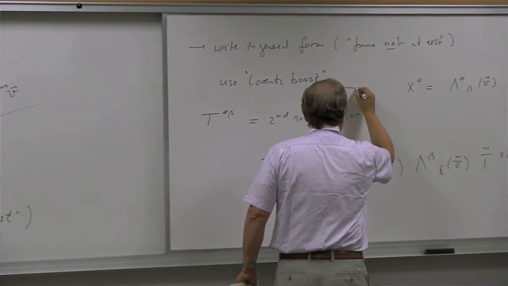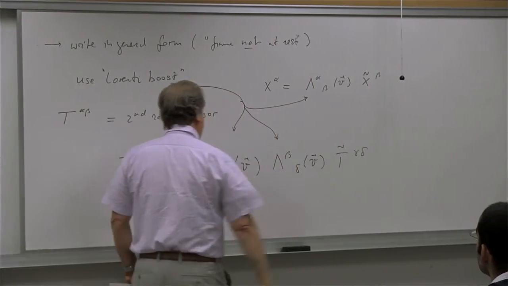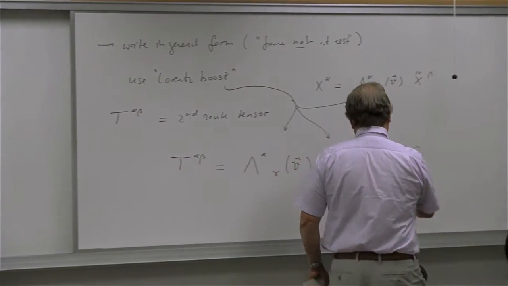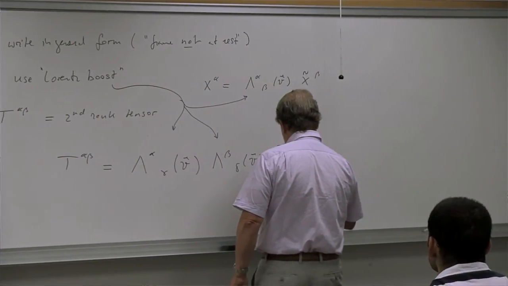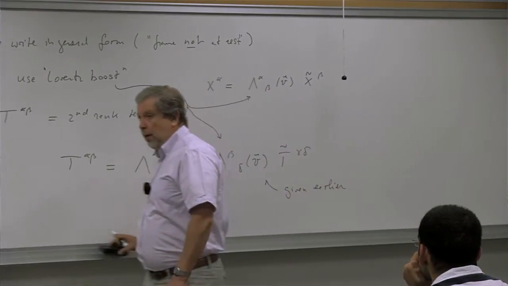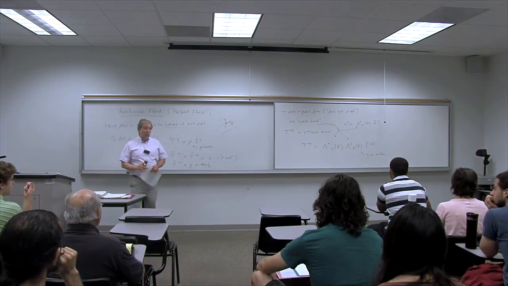And so now we look up the form of the Lorentz boost. This was given earlier. It was given in the second lecture. We had an explicit form for that Lorentz boost. Do you remember what the form was?